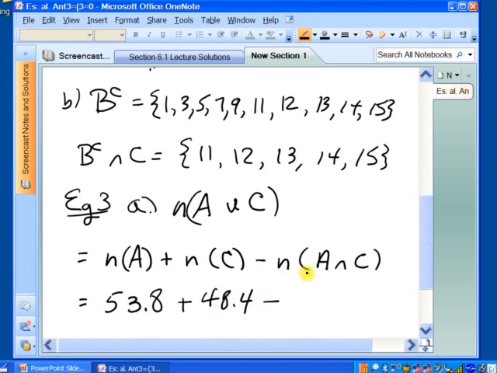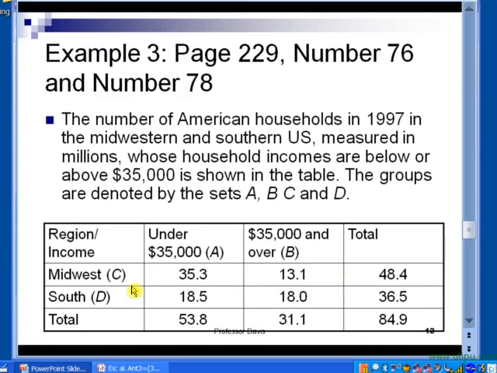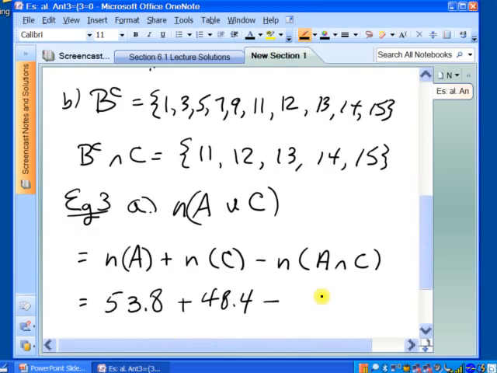So that number was 48.4, minus the number of households under 35,000 and also from the Midwest. So let's look back at our table here real quick to see that. And notice here, that number is 35.3 million.